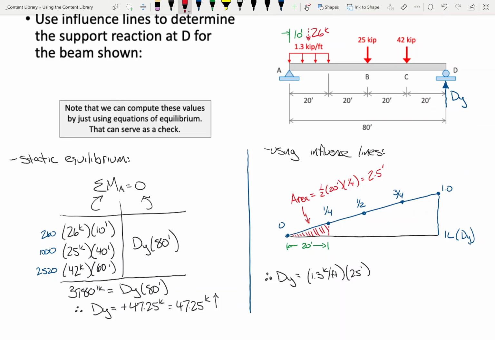And I'm saying this is the area of that triangle, plus 25 kips times 1/2 plus 42 kips times 3/4. Now, how am I doing that? I'm saying the 25 is associated with the 1/2, the 42 is associated with the 3/4. And when you chug this out, what do you get?